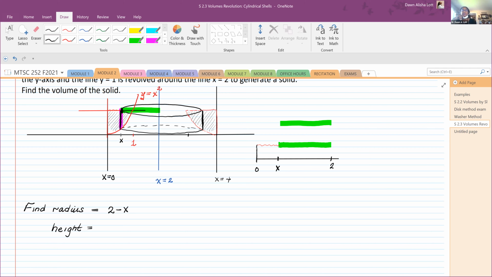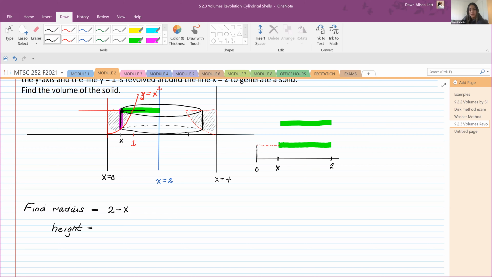Okay, we're gonna do the same thing. This time you're looking at the y value in order to get the height. y minus that, 1 minus y. Okay, but what is the y in the second one? x squared.